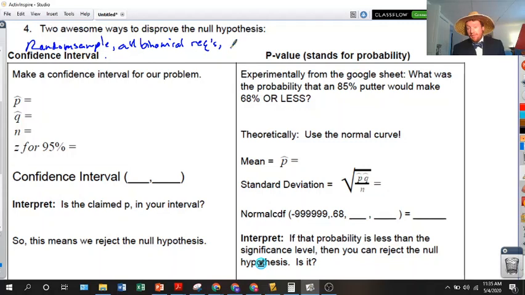Maybe you've heard of an athlete going on a hot streak. I made the first 8 putts. Maybe. Either way, there were times where I was making a lot, so maybe I get confident and I start going. Or if I miss one, then I take a break and think about how I can make the next one. I would argue that the trials are not independent, which is interesting.